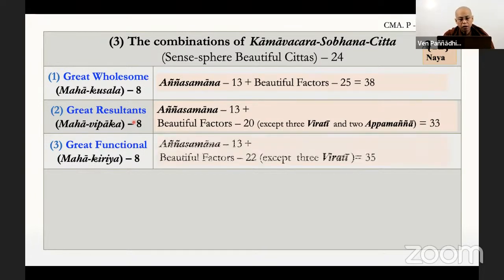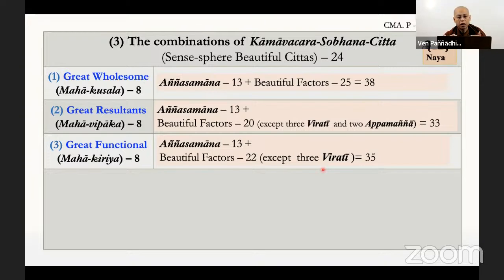Now for the functional consciousness, which arises only in the Arahat's mental process. Here Viddhati is not necessary, because the nature of Viddhati is deliberate abstinence.